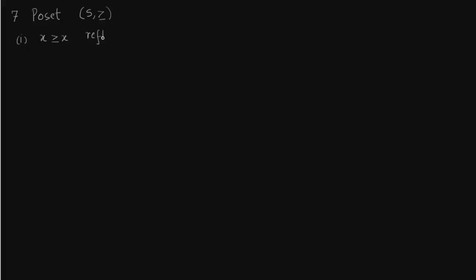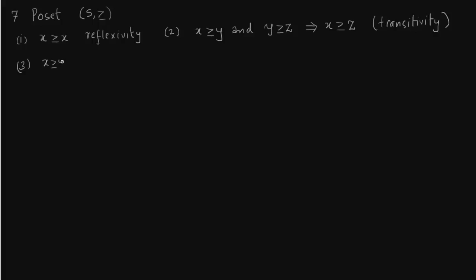First is reflexivity, then second is transitivity, and the third is this equality which follows from x greater or equal to y and y greater or equal to x, which would imply x is equal to y.